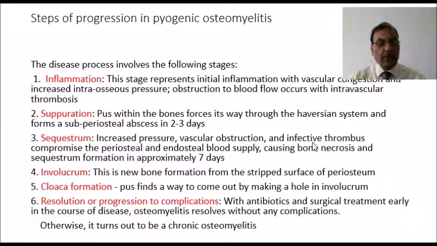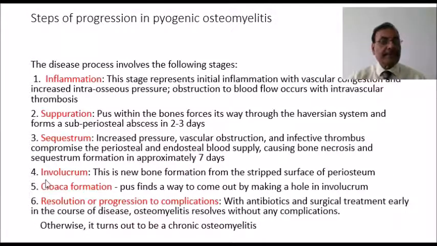And this bone necrosis, or part of the bone when it is necrosed, is called sequestrum. So sequestrum will be formed. It takes around 7 days. Once the sequestrum is formed and the pus is going through the Haversian system and presenting itself over the surface of the bone, thereby elevating the periosteum from the bone, what happens?